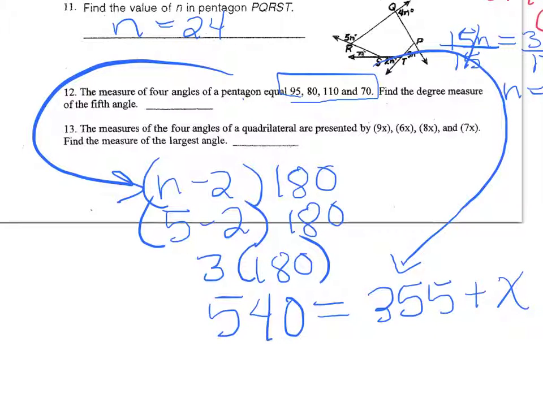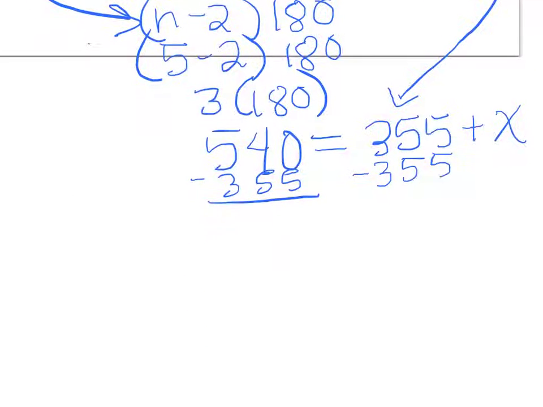So how do I solve for x? Subtract 355 from 540. So x equals 185. The fifth angle would be 185 degrees.